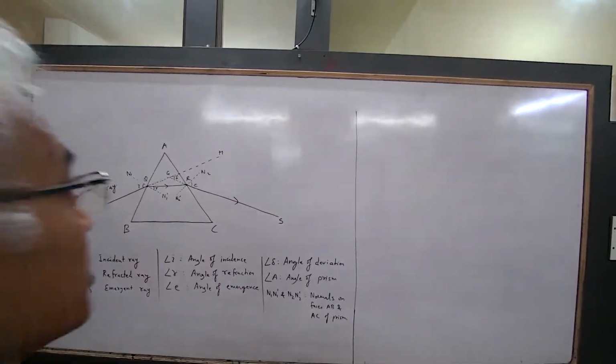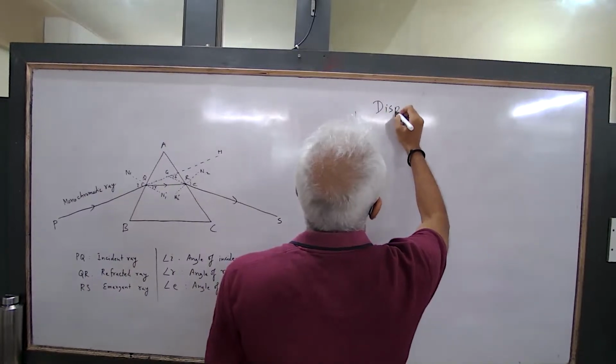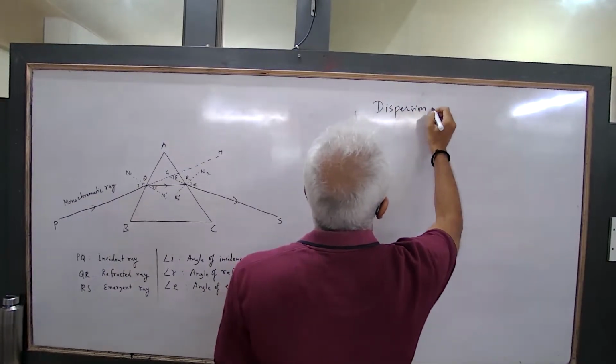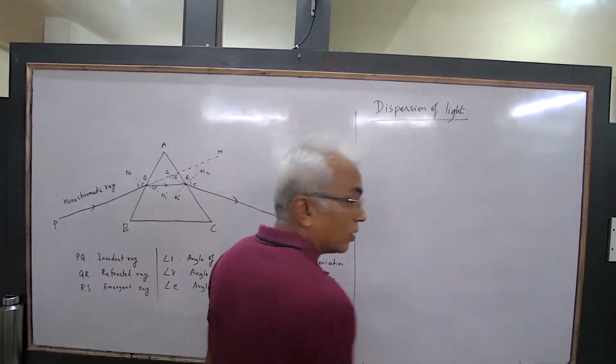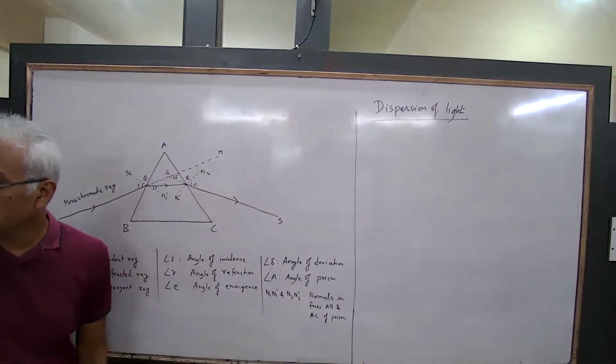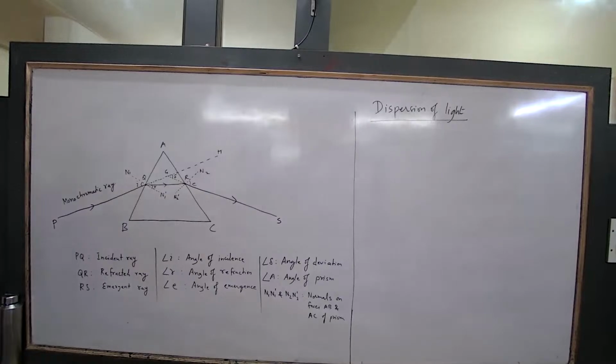Next topic is dispersion of light. So those who have learned it in school, any idea what is dispersion of light? What is it? Right. So why does it happen?